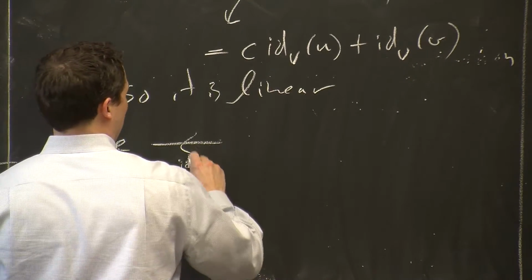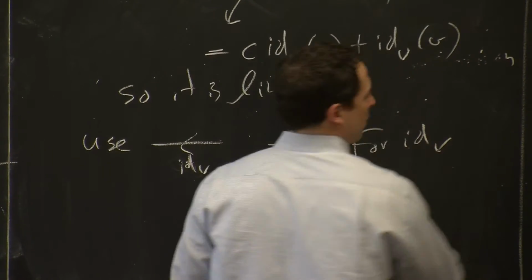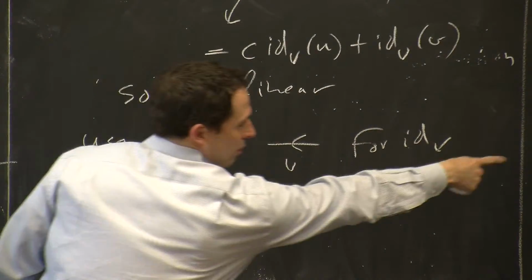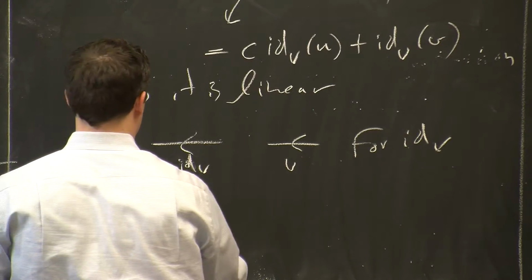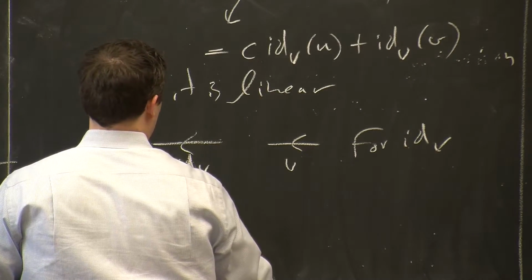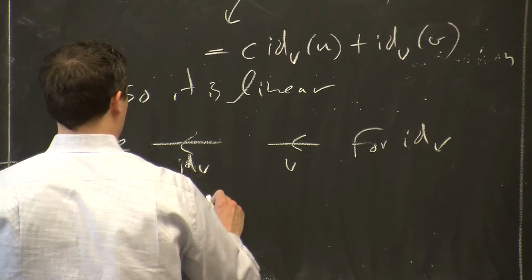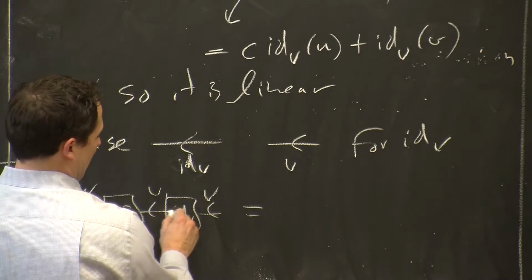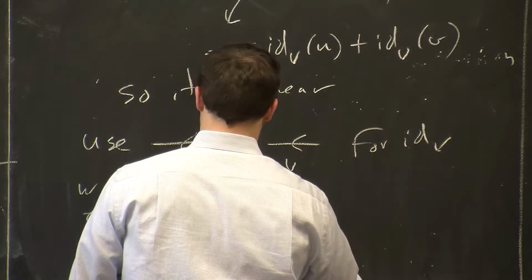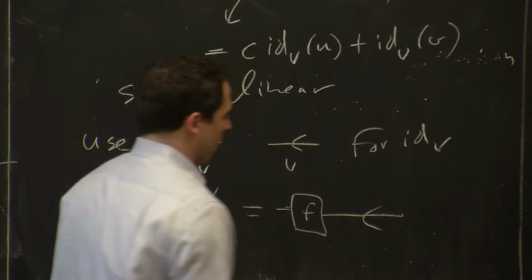We could write it ID, or we could just write V for this identity in V. Because then it's sort of literally true in this diagram that F composed with ID, we want that to be F from V to W. If we choose just the line with an arrow inside, that's equal to that, which is what we wanted.